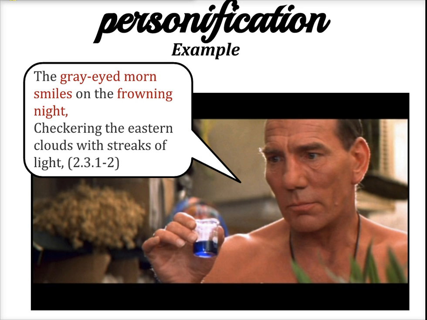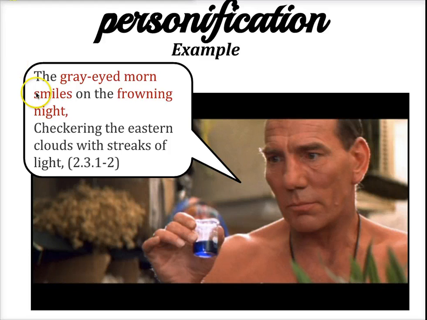So gray-eyed morn, so he's talking about the morning, is smiling. So mornings don't smile because mornings aren't alive. But he's giving it a human quality of smiling. And then he says it's smiling on the frowning night. And again, a night is not a human. It doesn't do human things like frown.